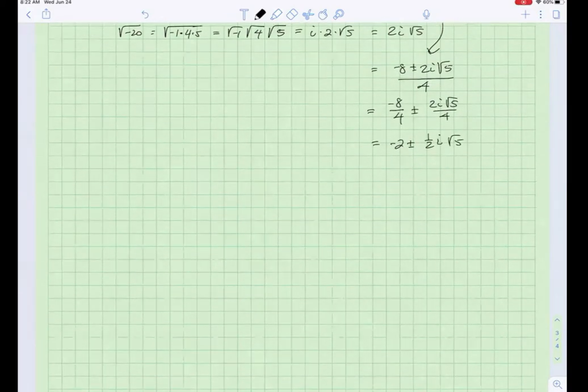So there's two answers here. The zeros are x equals negative 2 plus 1/2 i root 5, and negative 2 minus 1/2 i root 5. So I do have two zeros.